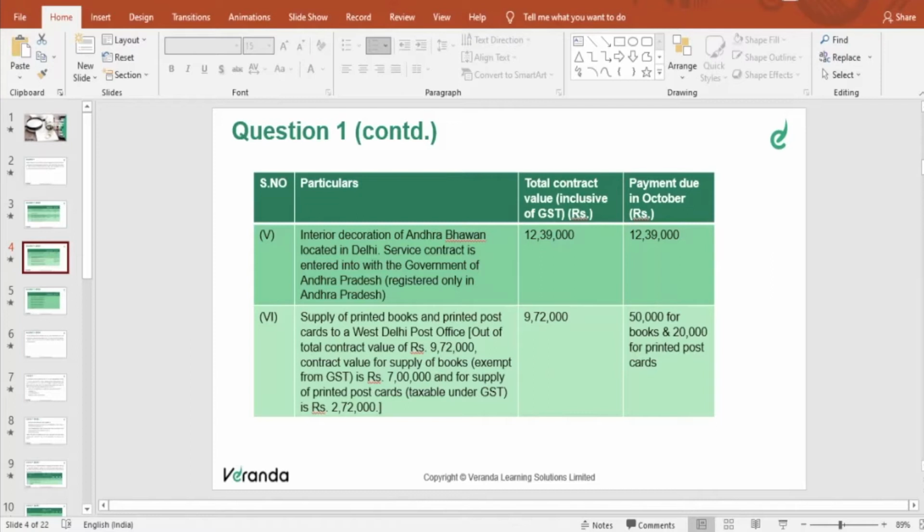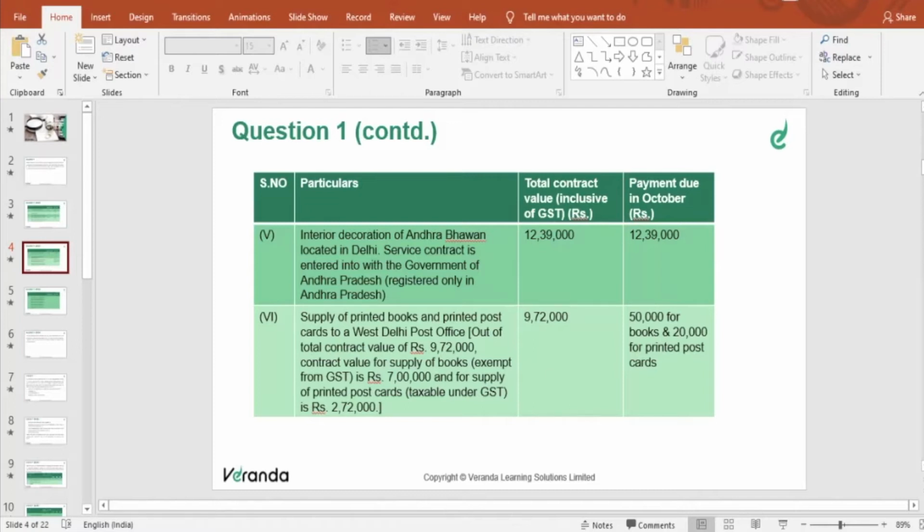The payment due in the month of October is 50,000 for books and 20,000 for printed postcards. I'm breaking it up: the total contract value is 9,72,000, out of which 7 lakh is for books, which is exempt, and 2,72,000 for postcards, which is taxable.